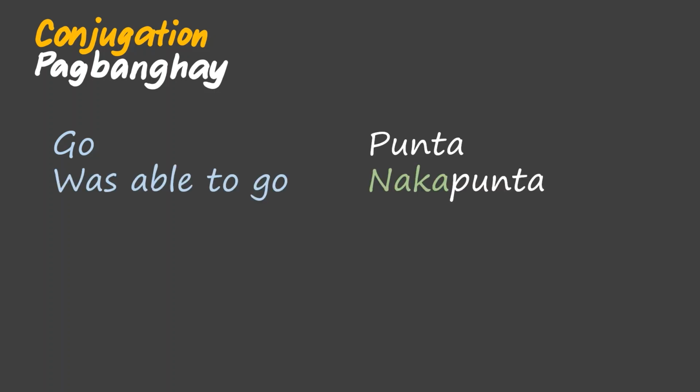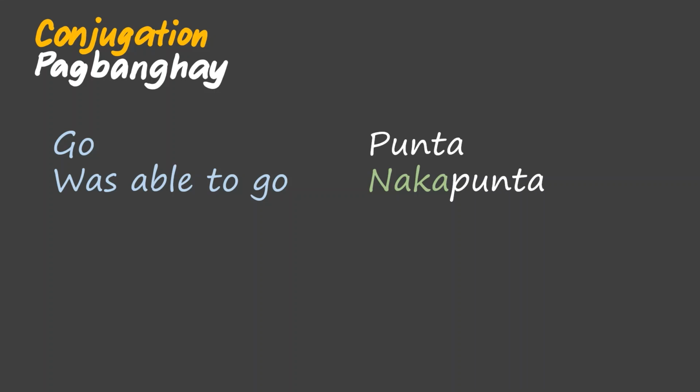Let us learn how to do conjugation or pagbanghay to form the different tenses of a verb so that we can express what we are able to do. Let us start with the root word go or punta. To say was able to go, nakapunta.